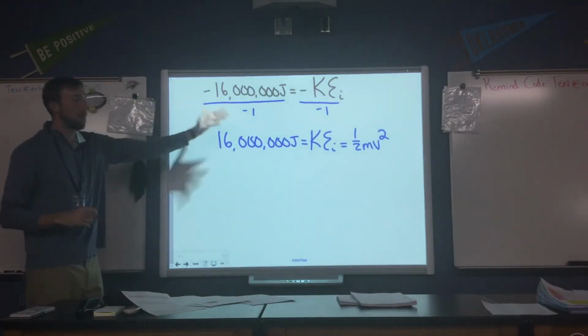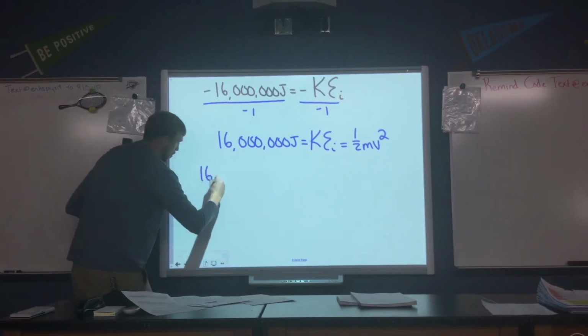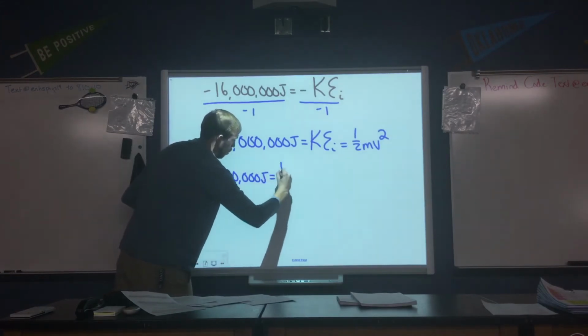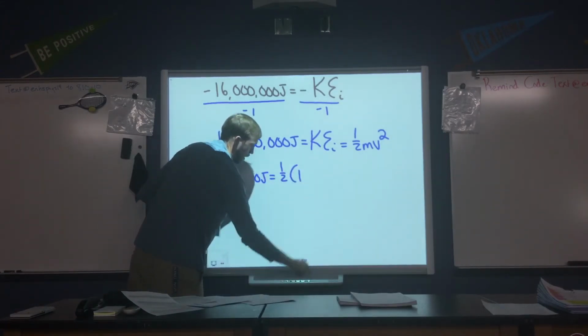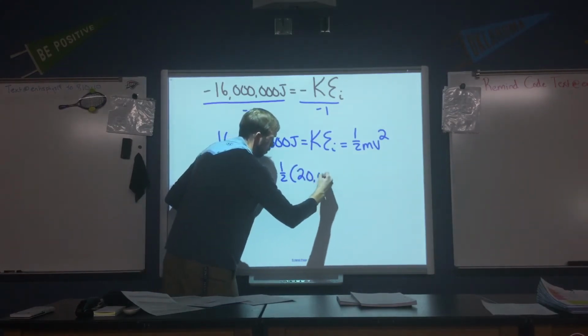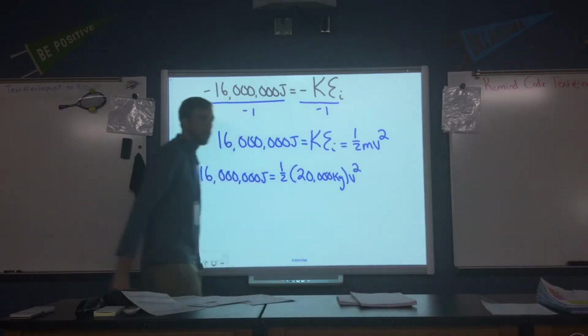So now we want to set up our scenario to find a velocity. So 16 million joules is equal to 1/2 multiplied by our mass, 20,000 kilograms, multiplied by v squared.